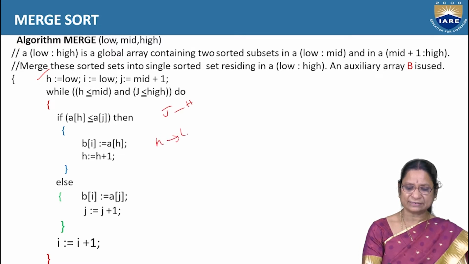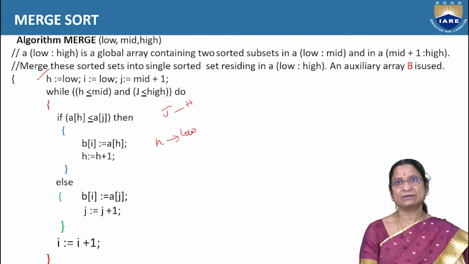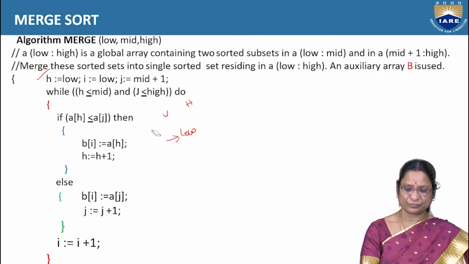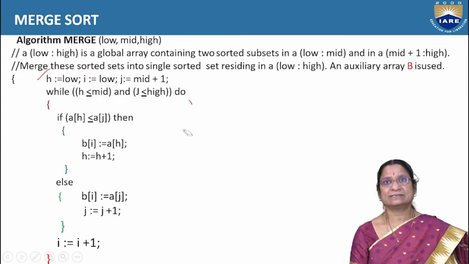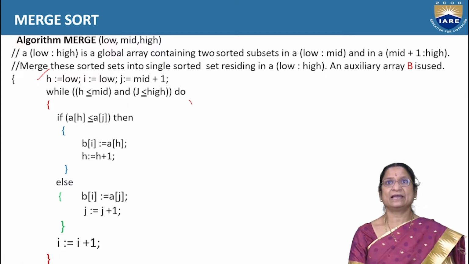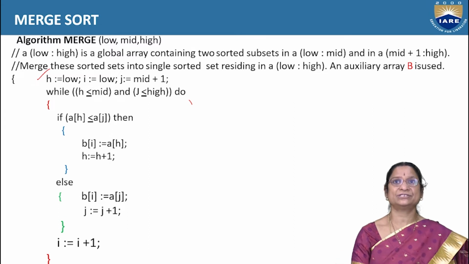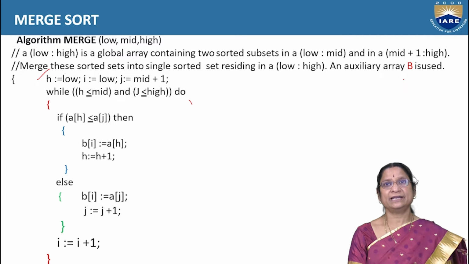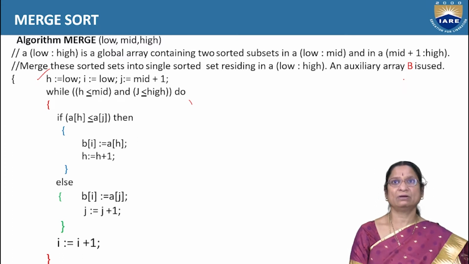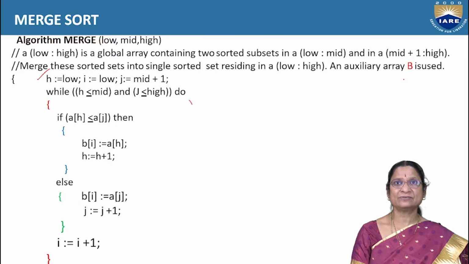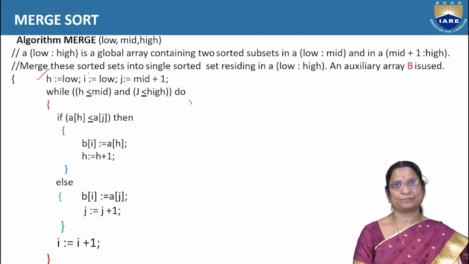From H to mid is the first half. And this I value we consider as low because I represents the position in the additional array. So B is used. In that B, the data will be stored from the ith location up to the high value. Understand? For that purpose only this I is used.